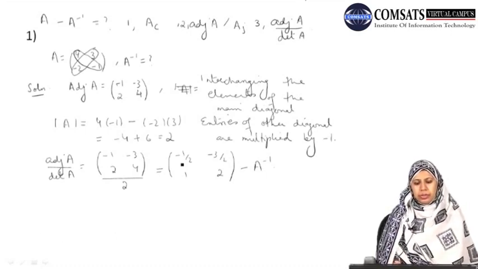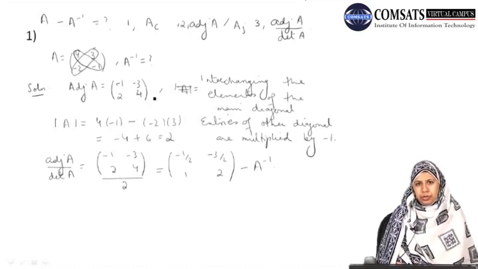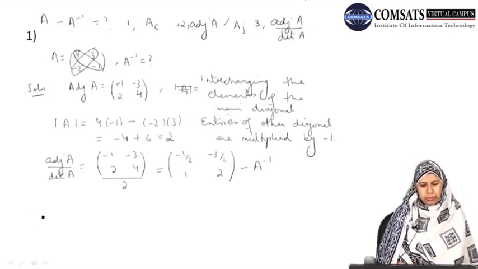So this is how we find the adjoint of a matrix of order 2 by 2.